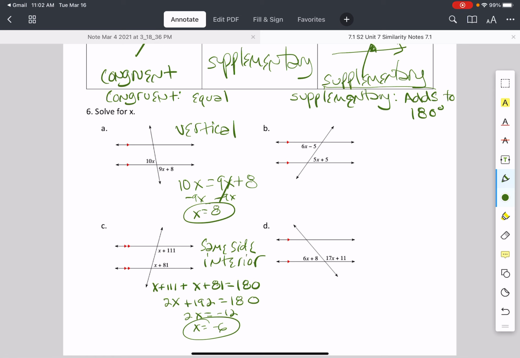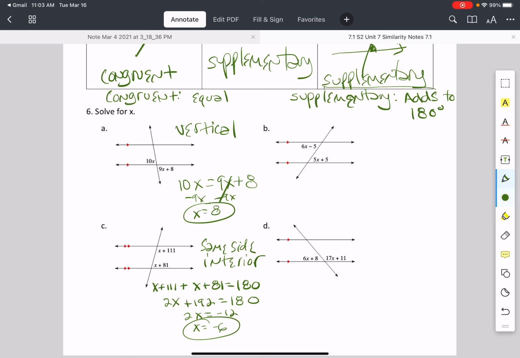Come on, guys. Not necessarily opposite. That's a good guess, though, Brayden. If my angle pair is congruent or supplementary. Good, Ashton. So if my angle pair is congruent, I set them equal. If it's supplementary, I add them together to get 180.